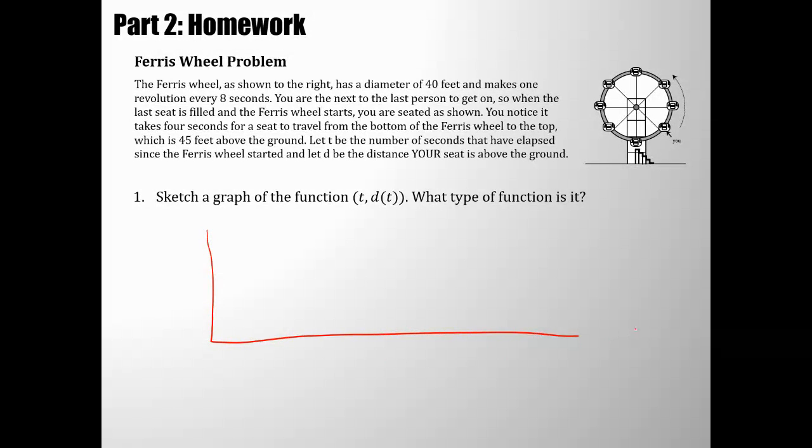So this is going to be d of t. This is going to be t, the number of seconds elapsed since started. And this is going to be your y value, your dependent variable, your feet above ground.